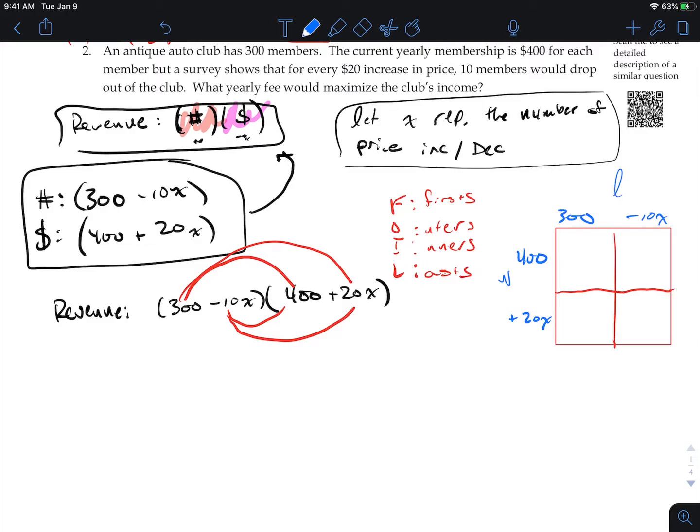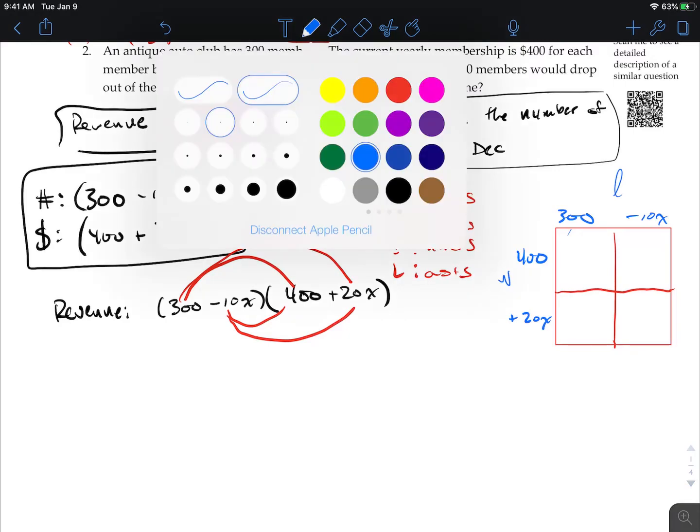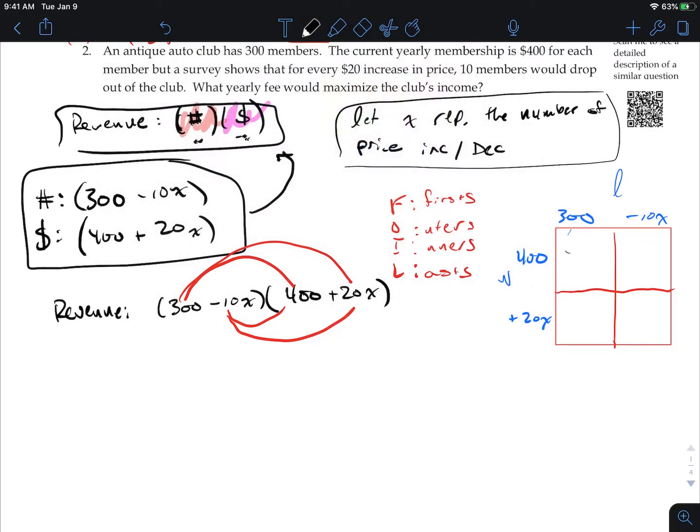In this square, I'm going to get the product of 300 times 400. What is that going to be, 12,000? I don't know. It should have 4 zeros, so I bet you're right, I bet it's 120,000. 4 zeros, right? Okay, let me rewrite that.